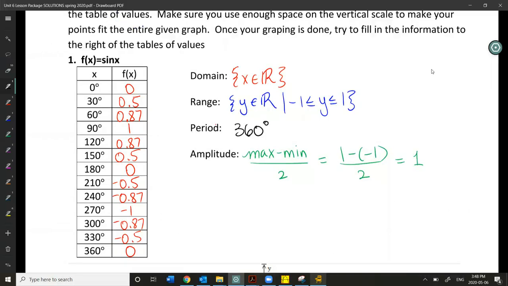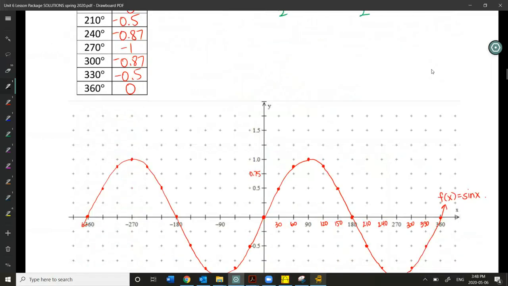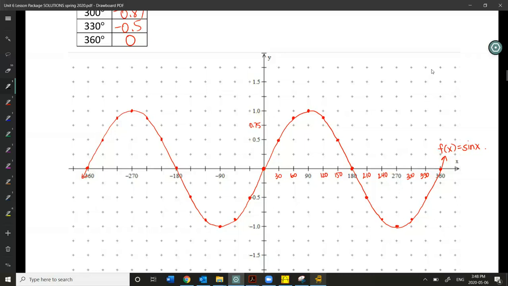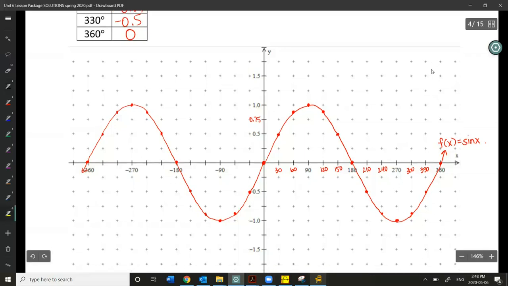So taking a look at our table of values for sine and our graph for sine that we did in our previous lesson, there's a couple key points that we're going to use when we do transformations. Now, if you wanted 2 cycles, you could also use the same kind of similar key points from this cycle on the left, but I'm going to focus on this first cycle from 0 to 360.